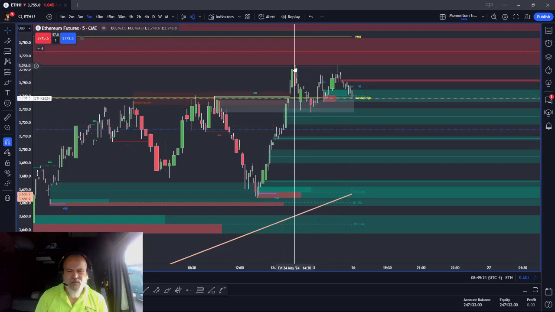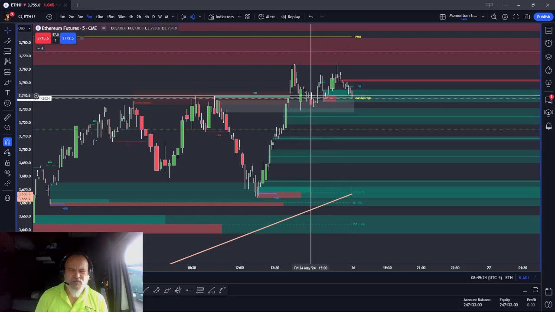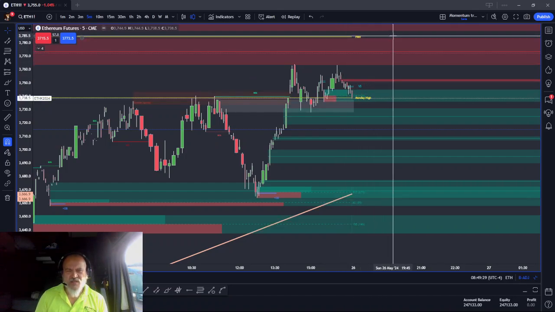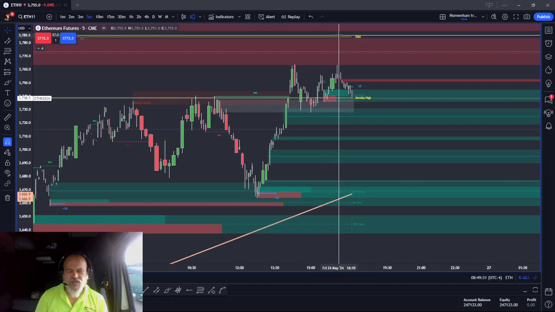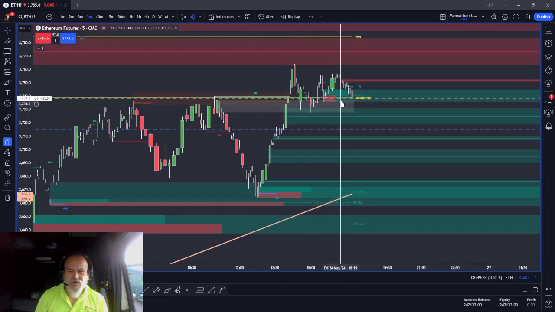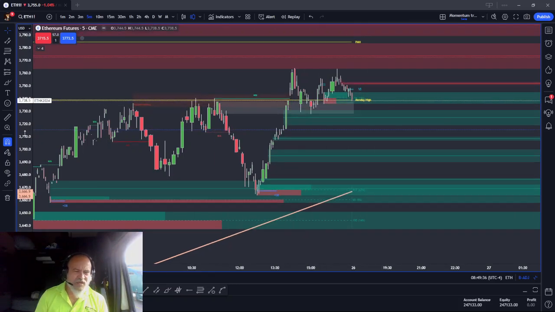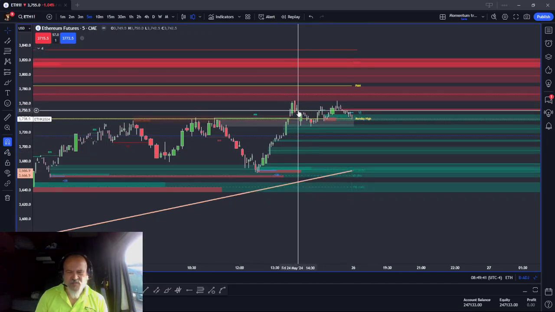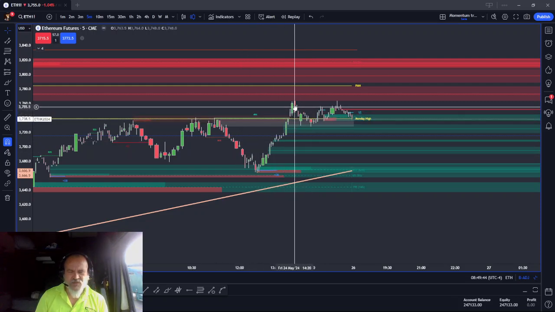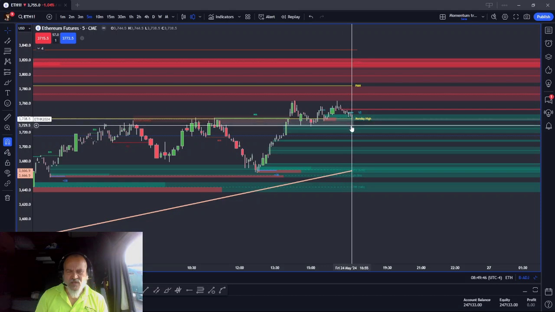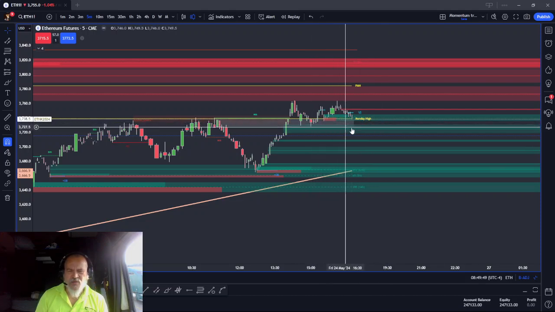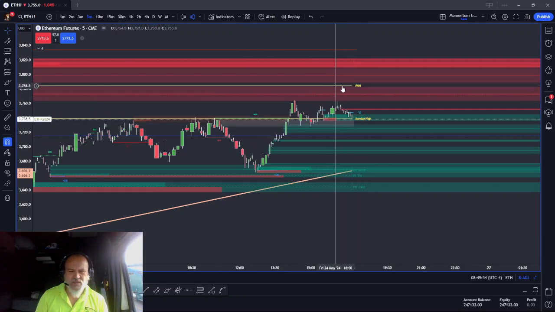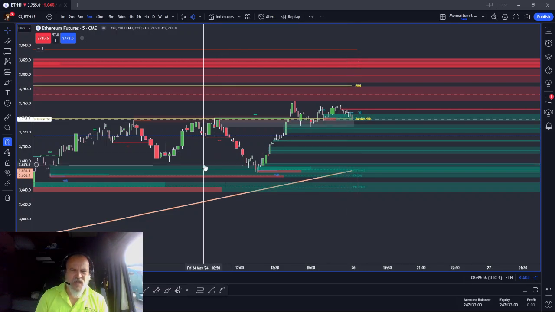So it didn't grab liquidity and then take off, which makes me feel like this could consolidate for a little bit longer and then continue moving up to come grab this liquidity here. We are in consolidation, so since we failed to displace away from this level once we grab that liquidity, if I were to trade Ethereum, I think I would be looking long here, to go get this liquidity up here and then see what happens after that.